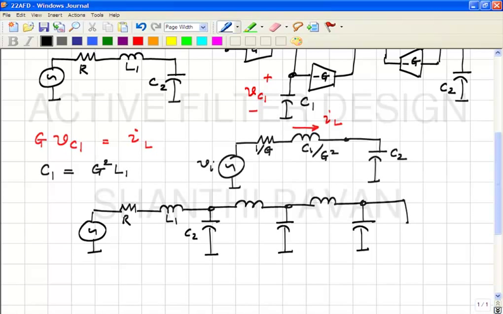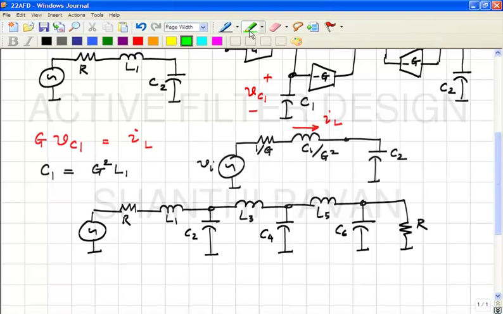And finally, perhaps a resistor. Okay, so what order filter is this? Sixth order. Does it make sense? So L1, C2, L3, C4, L5, C6. That's why I call them L1, C2, L3, C4 and so on, so that the last one tells you what the order is. Is that clear?